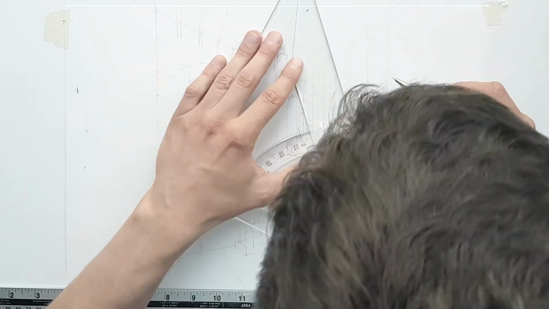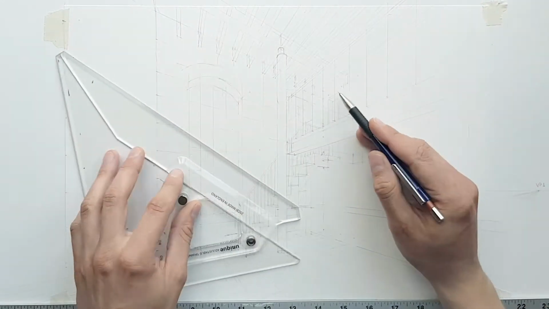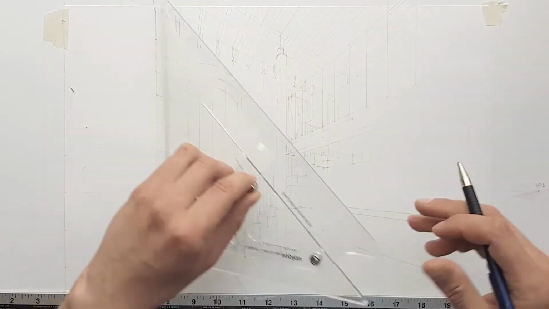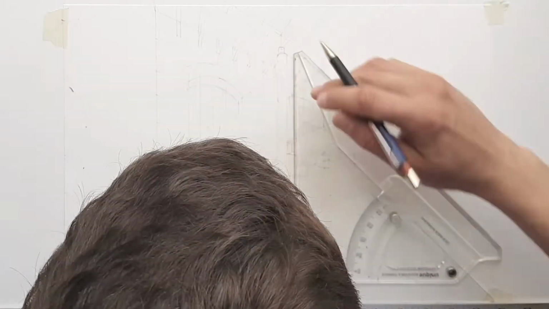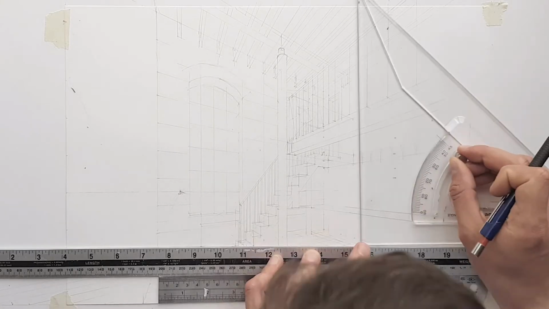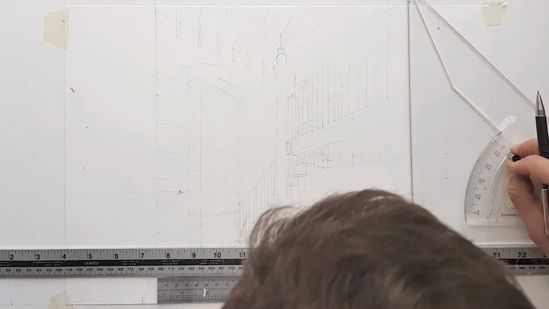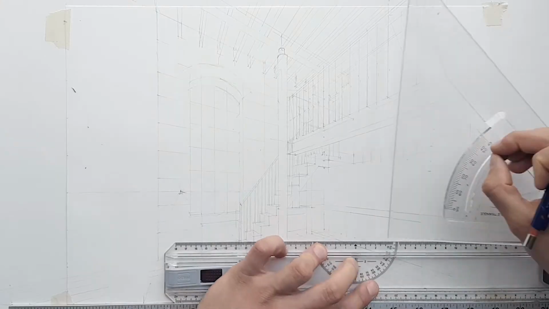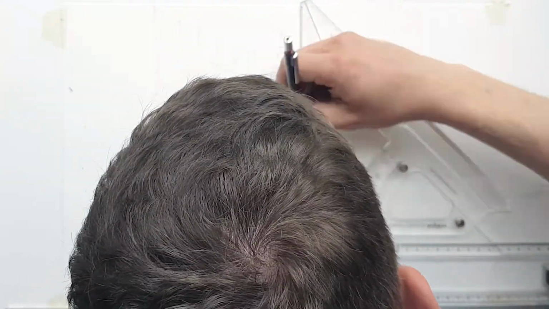Strictly speaking, the gap of 25 centimeters between railings is not correct, but for the purposes of this drawing, I think it conveys the illusion of the interior space, which is basically all we need. And now I can start adding the thickness of the railings.